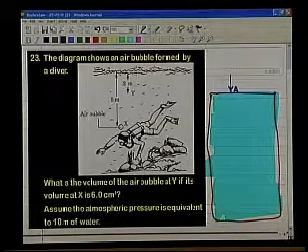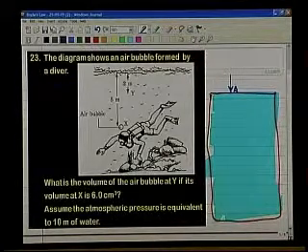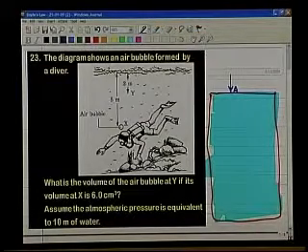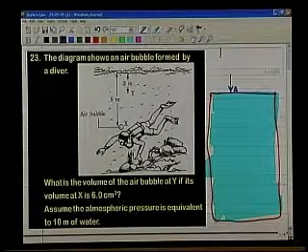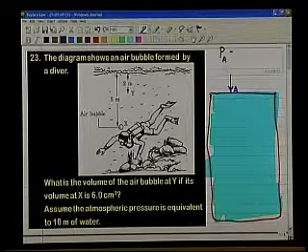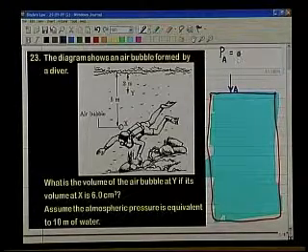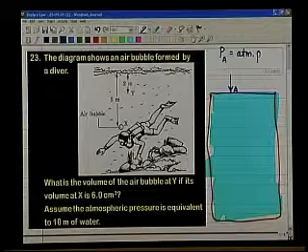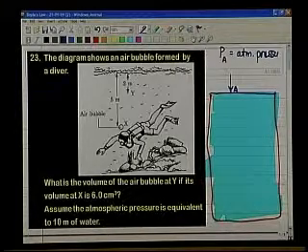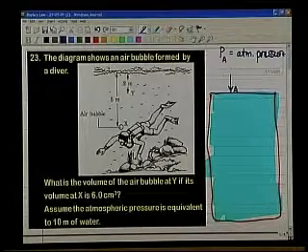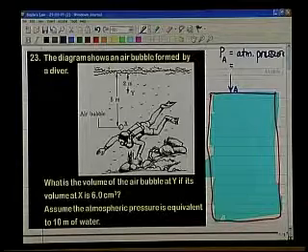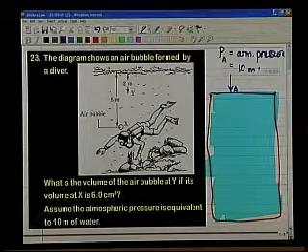In other words, there is a value even at point A. So at point A, what is the pressure? It is actually atmospheric pressure. And this atmospheric pressure is 10 meters of water.